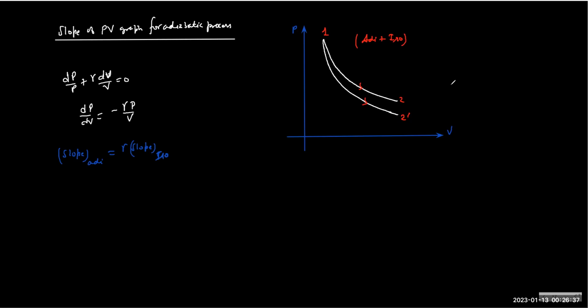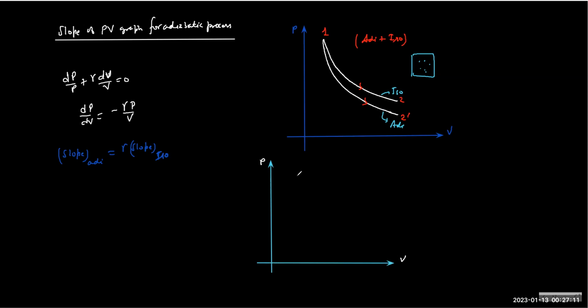One of them is definitely isothermal, one of them is adiabatic. The second is adiabatic, so 1 to 2 dash is adiabatic. Very good. So now you know this has greater slope, so this is ADIA and this is ISO. You will come across this question, and these are all very typical questions that you are supposed to know.